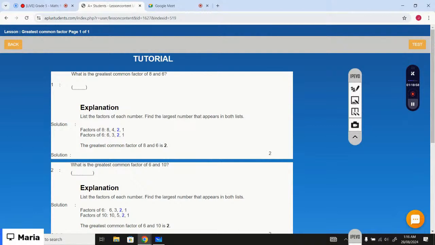What is the greatest common factor of 8 and 6? So we need to find the greatest common factor, right? Factor means the number that when you multiply with another number makes 8 and 6, right?